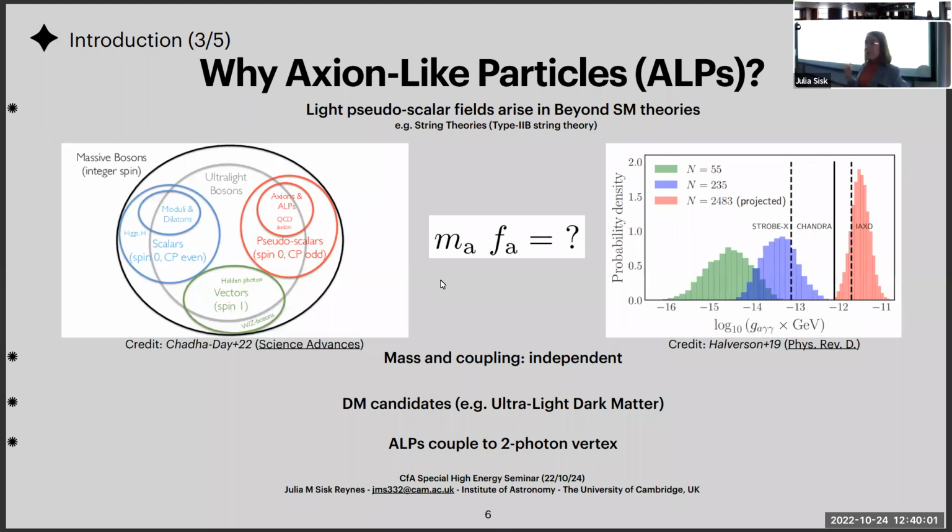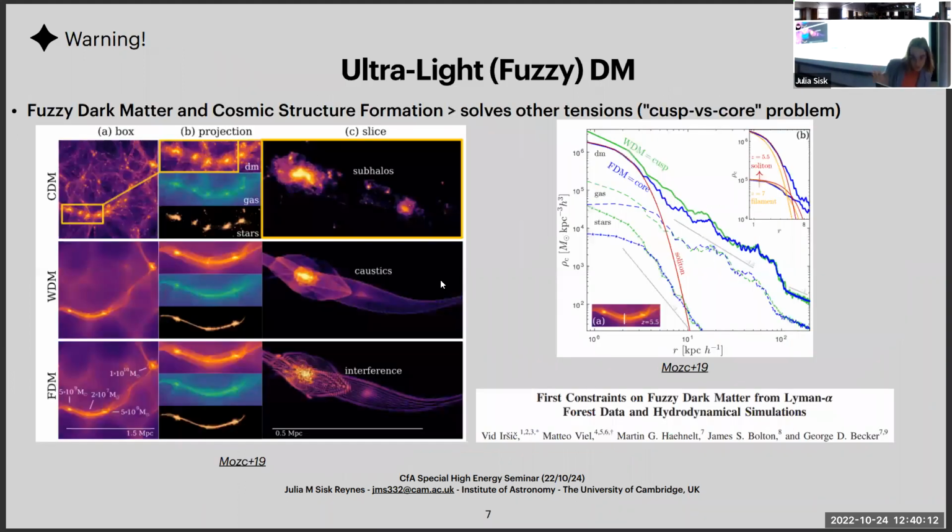But now, if we assume that axions are the cold dark matter of the universe, we know that they are favored because they resolve some tensions in the theory. So for example, if we're talking about ultralight dark matter, we know that a type of ultralight dark matter is fuzzy dark matter, which is preferred in certain theory frameworks because we are able to solve problems such as the cusp versus core problem.